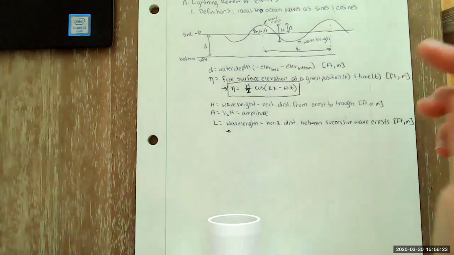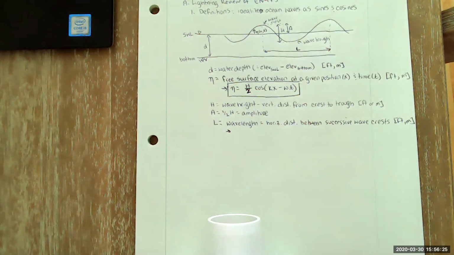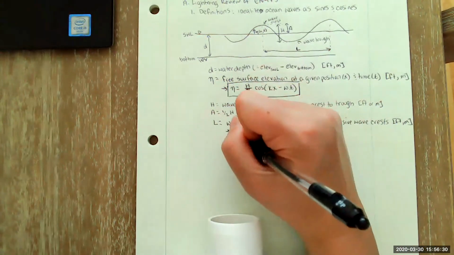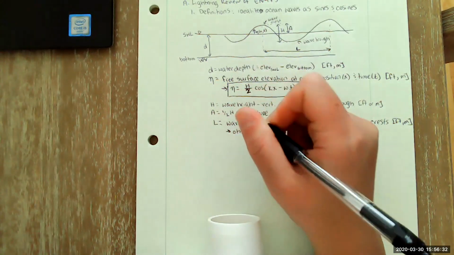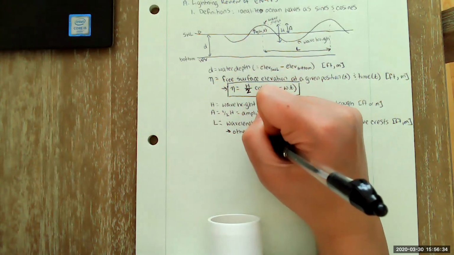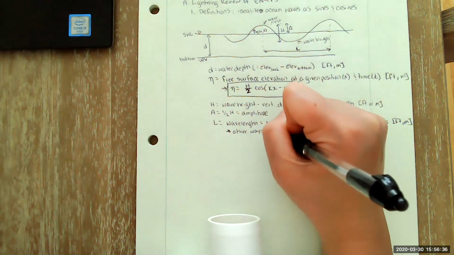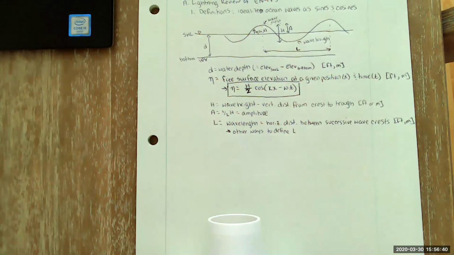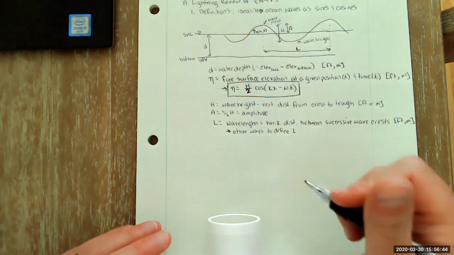Sometimes you might see other definitions like zero up crossing. So you go from up crossing to up crossing. So other ways to define your wavelength exist, and sort of to differentiate between what a specific wave is.